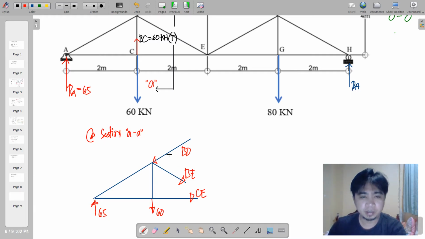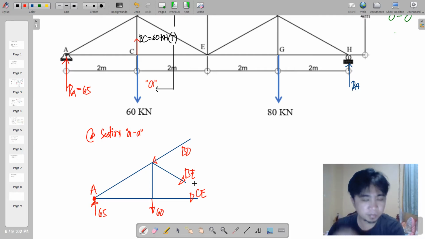So obviously, if I'm going to take moments at A here, say this is point A, BD and CE will eventually meet at point A. The consequence is there will be no moment arm for BD and CE. In that way, BE is the only unknown here, so we can right away get BE.